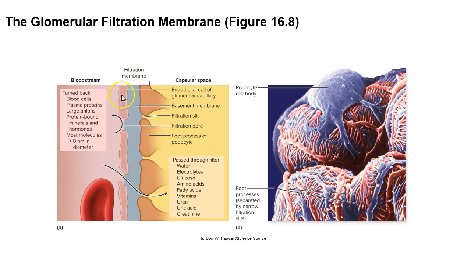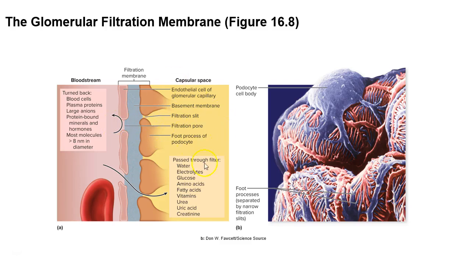Again, it's a junction between the capillary membrane and the membrane found within that capsular space, which consists of these podocytes, which have these filtration slits, these slit-like openings, to allow things like water and electrolytes and glucose, amino acids, those types of materials to be able to pass through while preventing really large molecules or materials like blood cells or proteins from being able to get through the membrane.